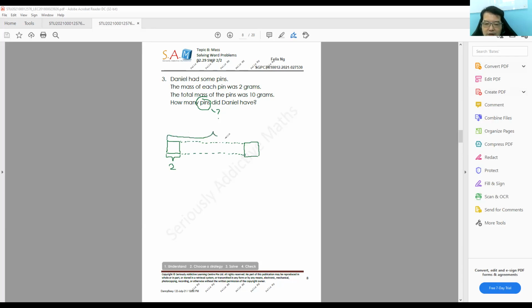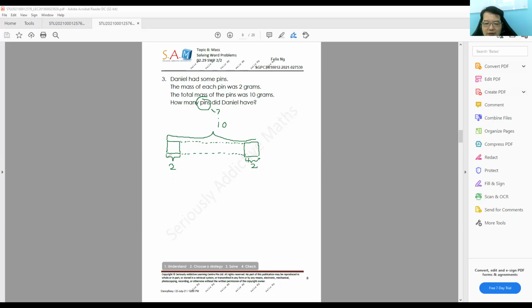Next thing we do is we know that in total it is 10 grams. So how do we know how many pins there are? Each pin is 2 grams.